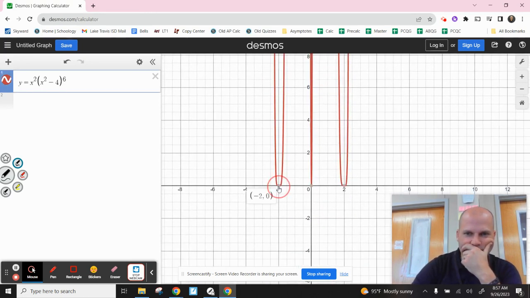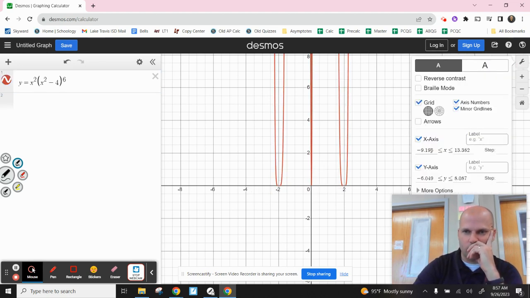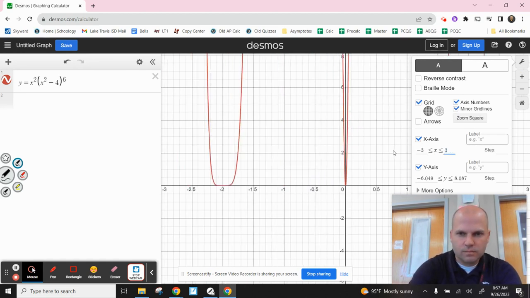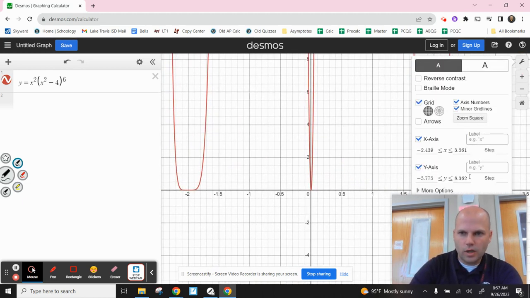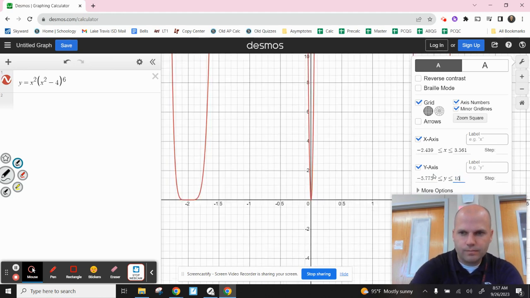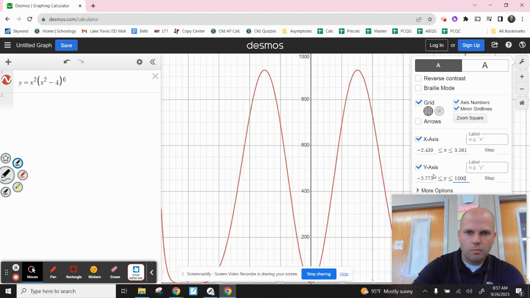Well, you can see a horizontal tangent here at -2 and at +2. You can see a horizontal tangent here at 0. Let's shrink these x's to be like -3 to 3. Cool. Let's look up on my y's. Bam.